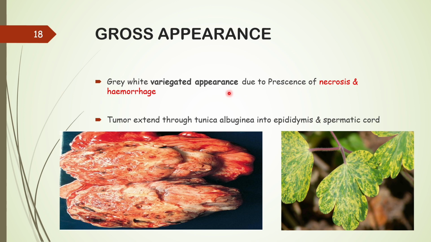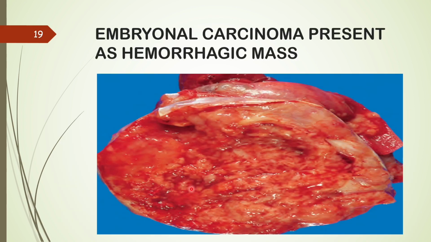Because of necrosis and hemorrhage, there will be a variegated appearance. And as it is an aggressive tumor, it will penetrate the tunica albuginea, it can penetrate the epididymis and spermatic cord, and even through the blood they can spread to other organs as well. That is in contrast to seminoma, which usually doesn't penetrate the albuginea. But here it penetrates the albuginea and it can metastasize. It is a very aggressive tumor. Here you can see a hemorrhagic mass.